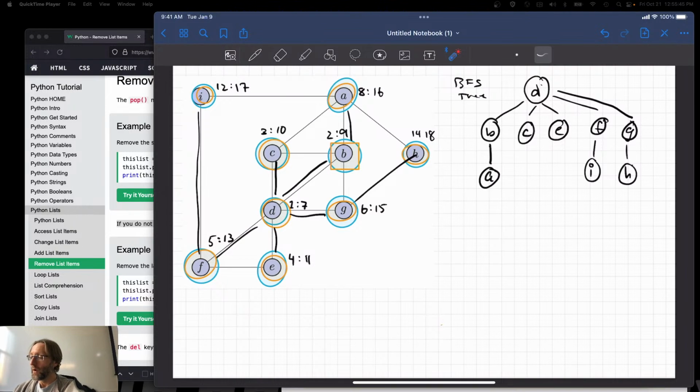Okay. So what about these other edges here? For example, I to A. What kind of edge is that? Remember that we've got forward edges, back edges, tree edges, and cross edges. What kind is this? Back edges are ones that connect back to an ancestor in the tree.